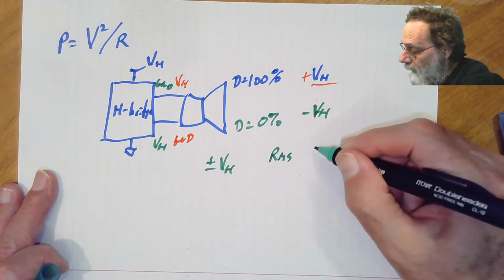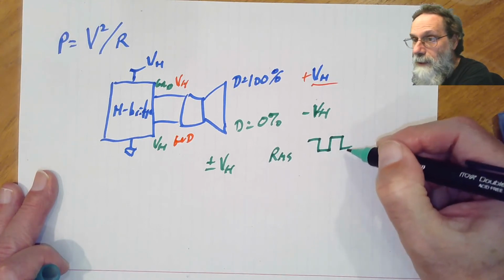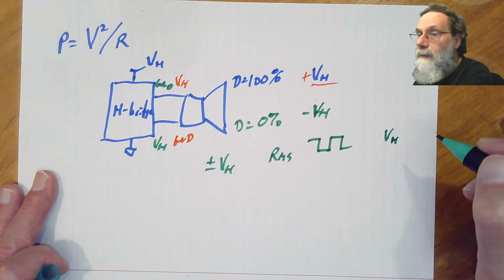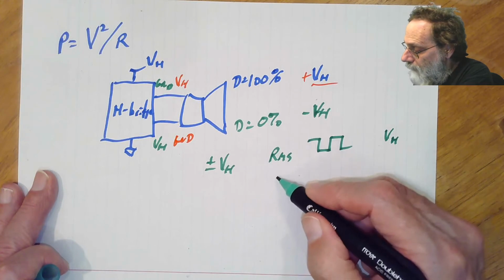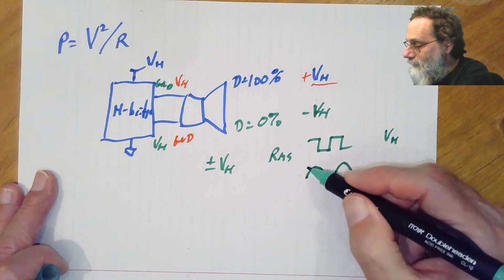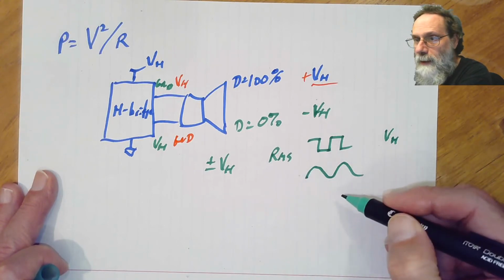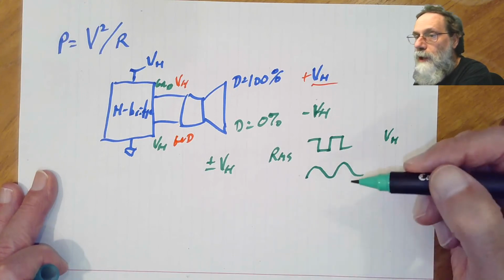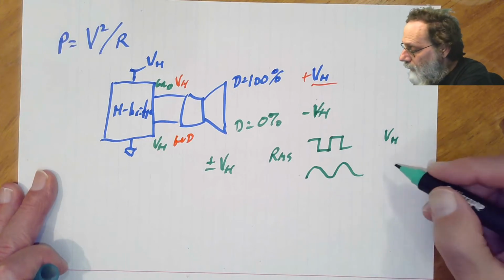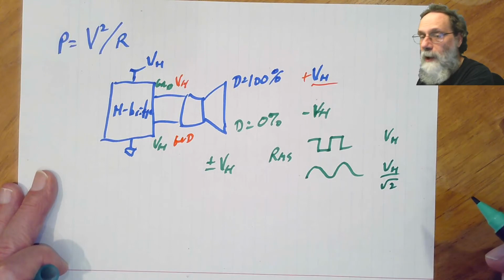For a square wave, so if we have a low frequency square wave here, we'd have plus VH, minus VH, plus VH, minus VH, and the RMS value is just VH. But if we have a sine wave, we don't get the same sort of always being high or always being low. The average of the squared voltage is smaller, and we end up with VH over square root 2 as the RMS voltage.